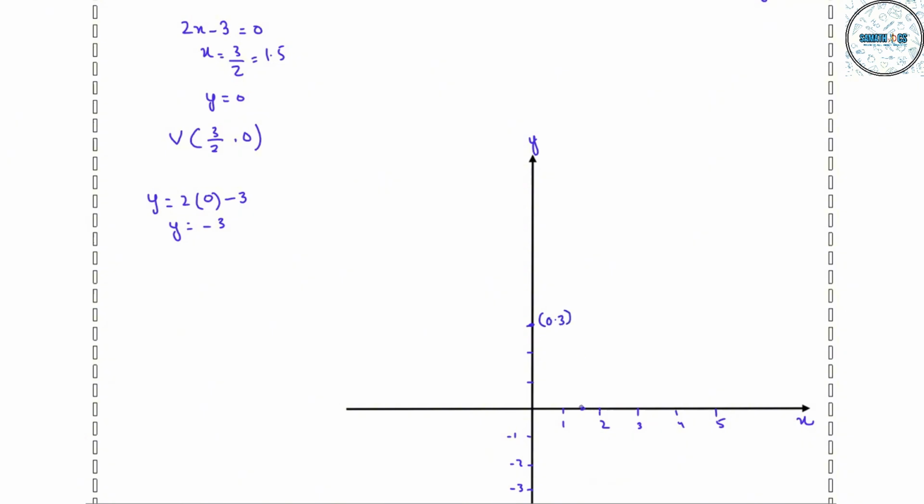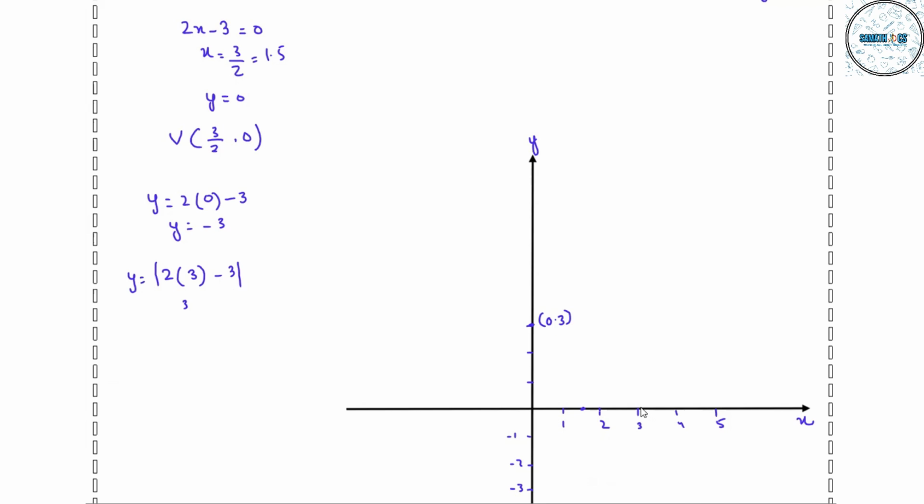Now we have one of the points on this side of the vertex. We can find another point on the right-hand side of the vertex. So if we take the value of x as 3, it is 3.